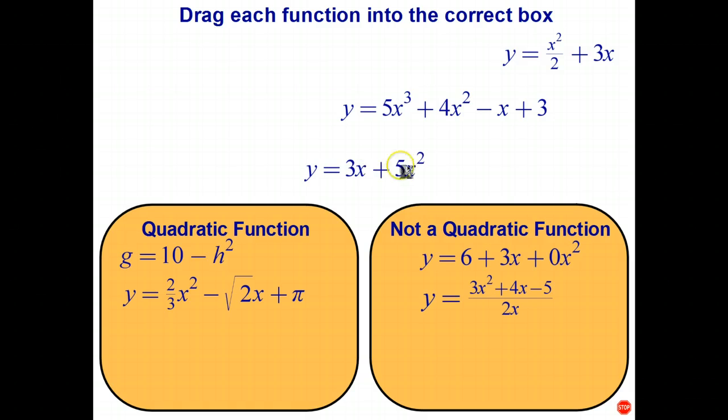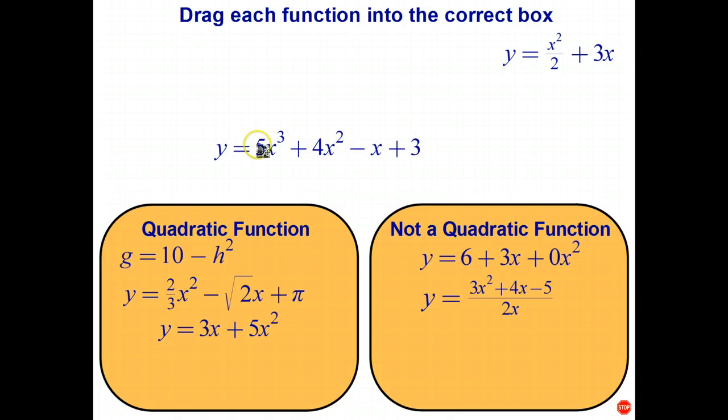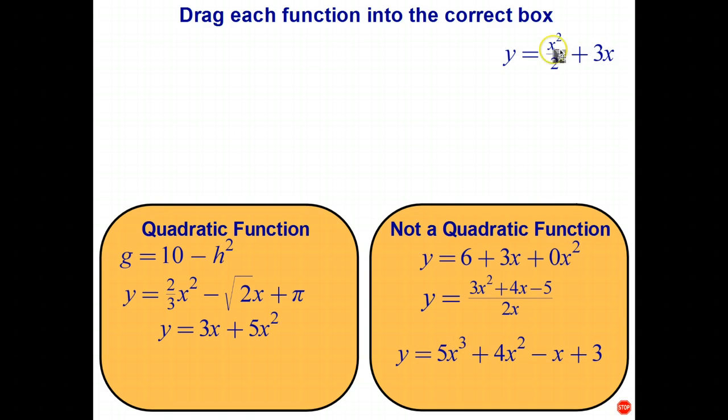That one here, well, again, the coefficient on x squared is 5, so a is 5, b is 3, and there's no constant term. There's no number by itself. That's okay, so c is 0. That qualifies as a quadratic. This function here has got an x cubed term, so that's not.